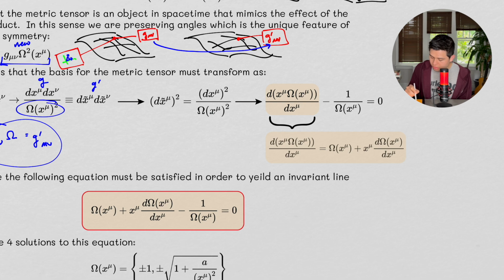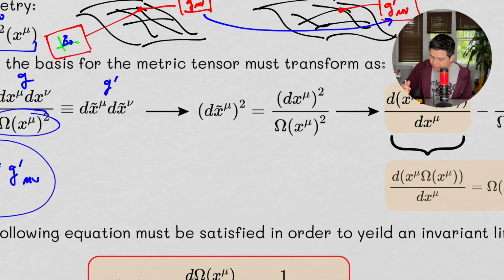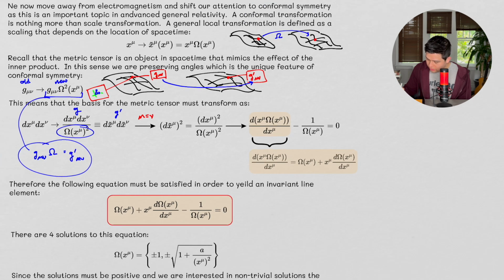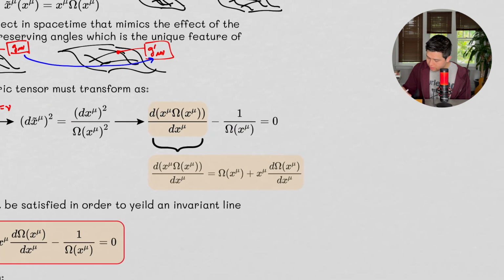So here, all we're doing is saying mu is equal to nu, and we have this relationship.